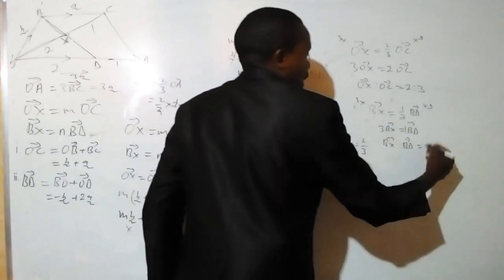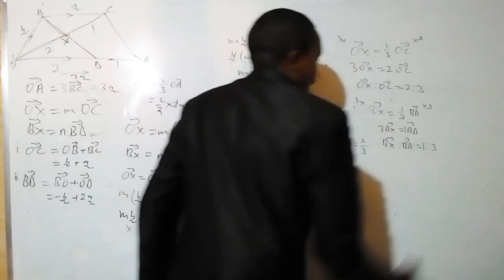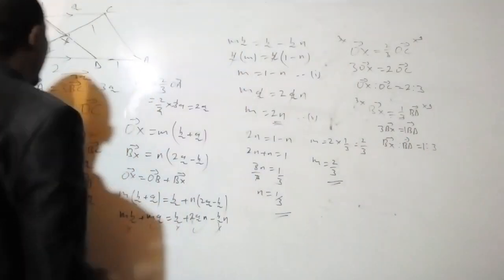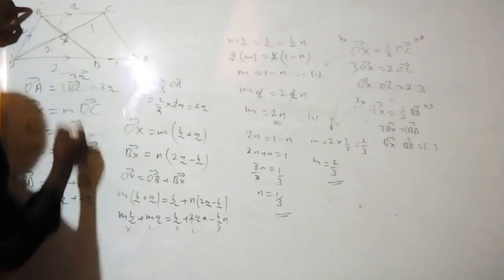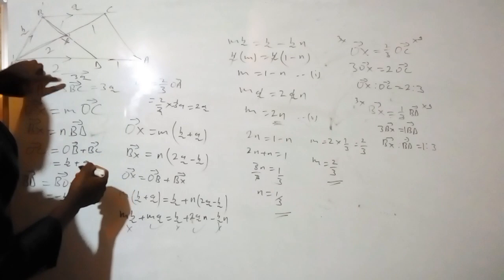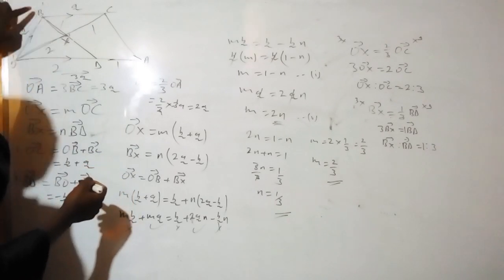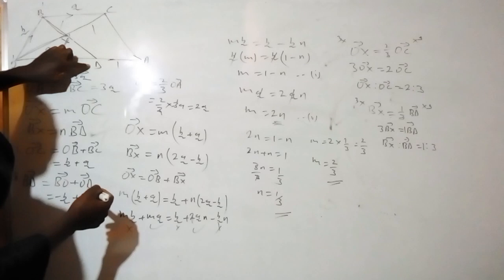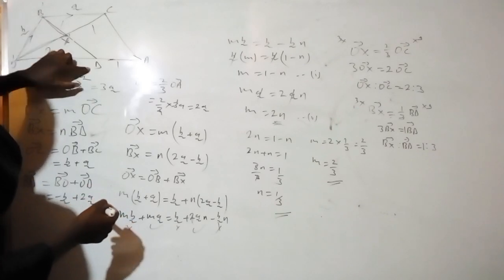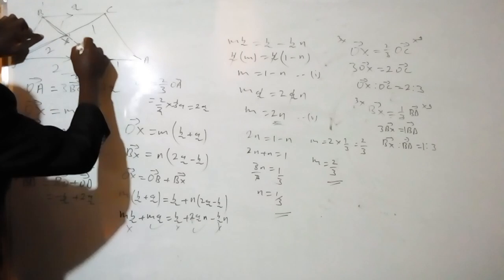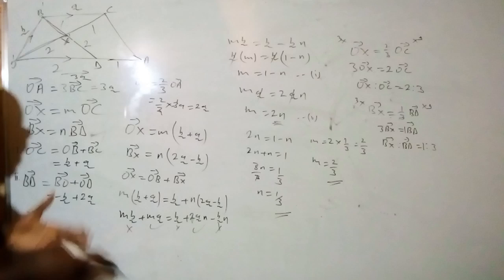BD goes with 3. Let's see whether it's making sense. BX is 1. BD, from B to D, is 3. Therefore XD will be 3 minus 1, which is 2. So from B to D will be 1 plus 2, which is 3. We are correct, and we are done. Those are your 10 free marks.